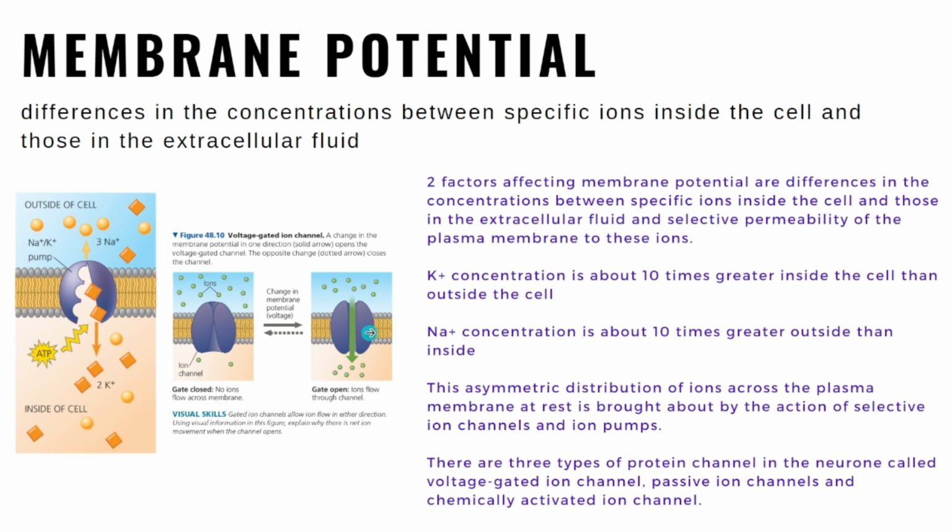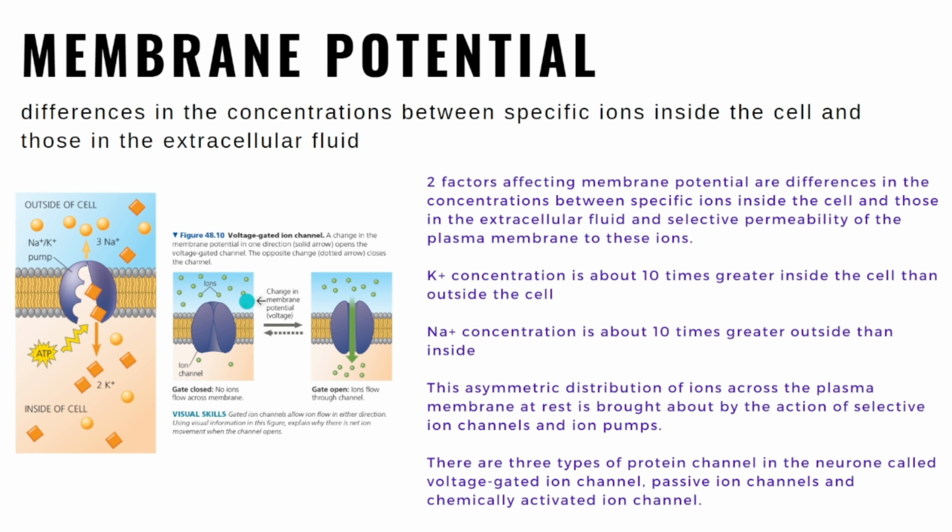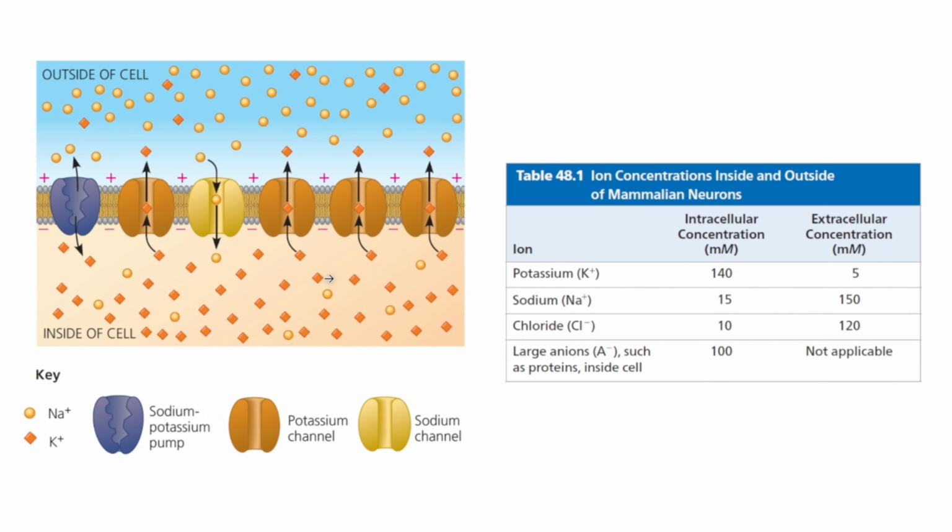It will only open when we have the situation we call action potential. In the neuron, there are 2 main types of voltage-gated channel, sodium ion and potassium ion. Both of them are closed during the resting state. They will only open during an action potential. Okay, so this is the basic I need to tell you.